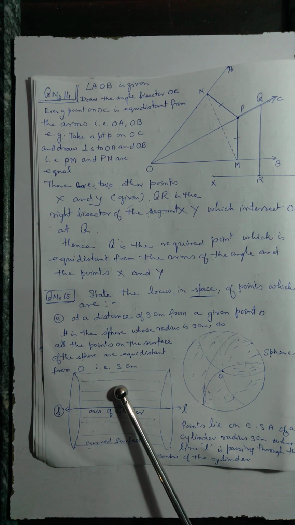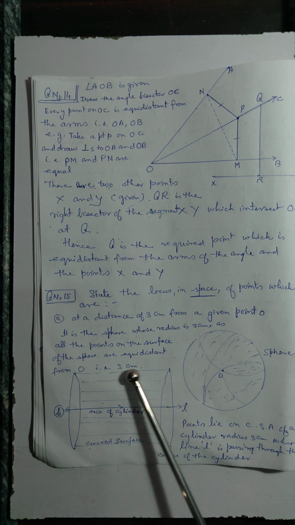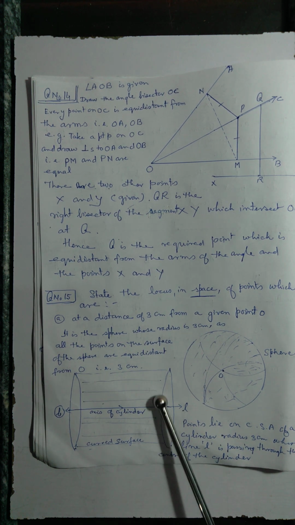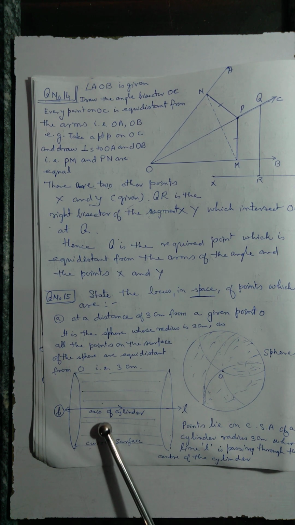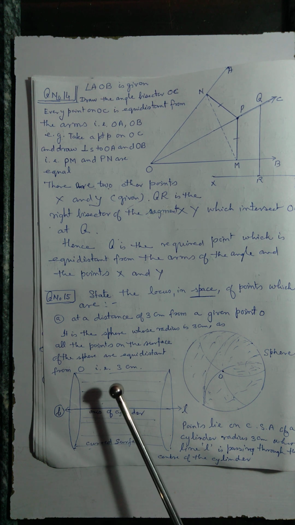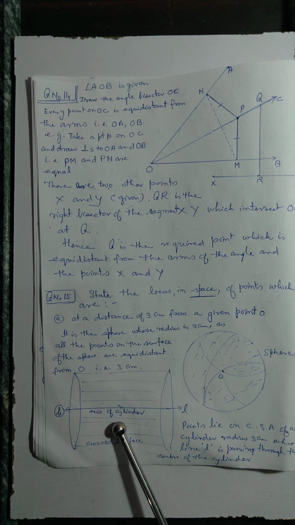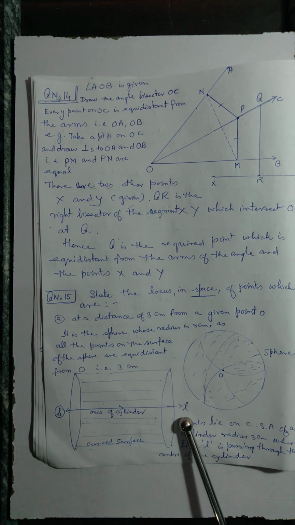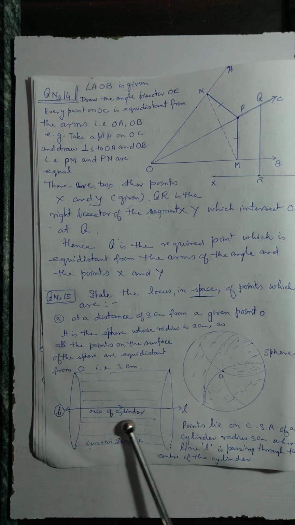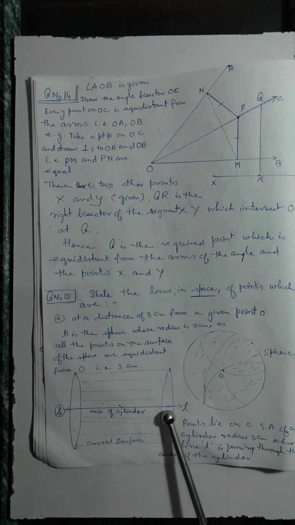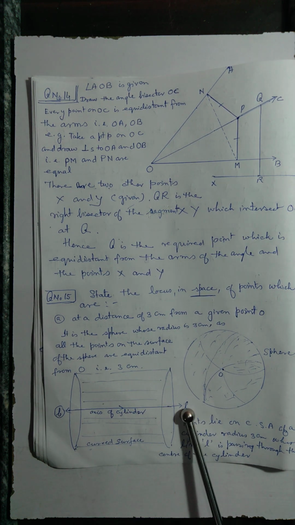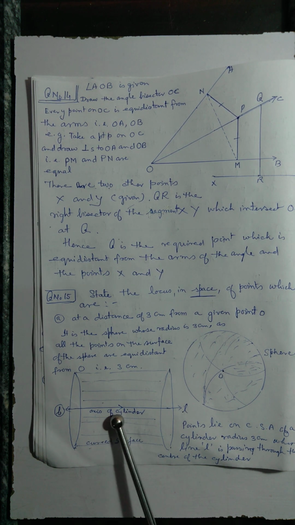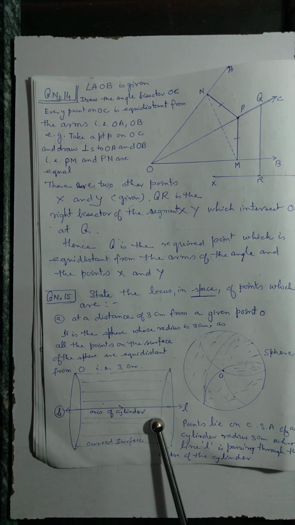So all those points which lie on this cylindrical curved surface will be equidistant from the axle. Axle means the axis of the cylinder, that is this line which has been indicated by line L, the axis of the cylinder I have mentioned here.